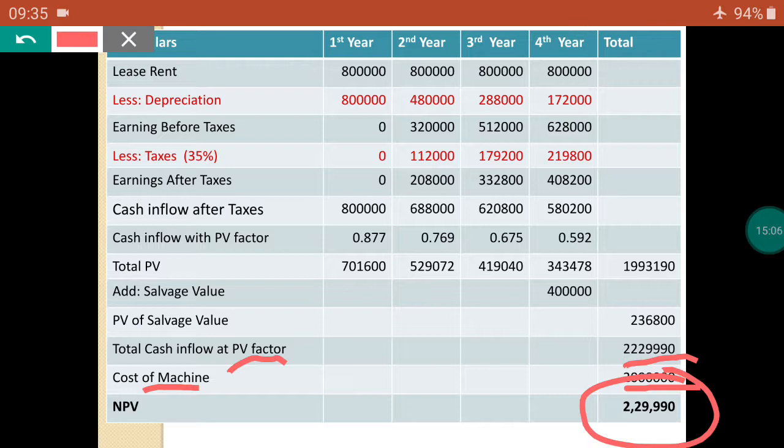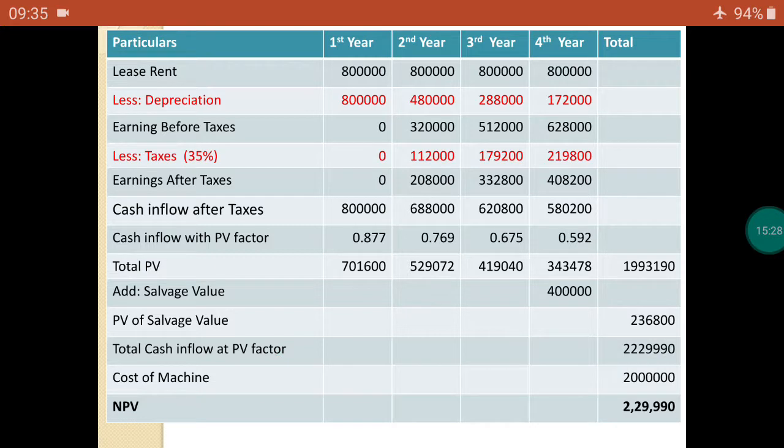You should take total cash inflow at PV factor 22,29,990 minus 20 lakh, and you can get 2,29,990 rupees. It is a calculation of NPV. I hope everybody understood this NPV problem.